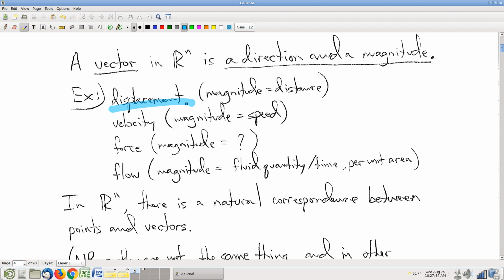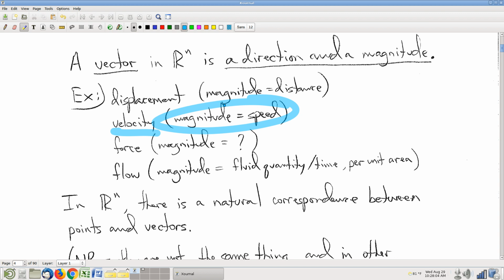What if you're moving with a certain velocity? If I'm going that way at 20 miles an hour, there's a direction and a corresponding magnitude. In this case, the magnitude is speed, not distance.